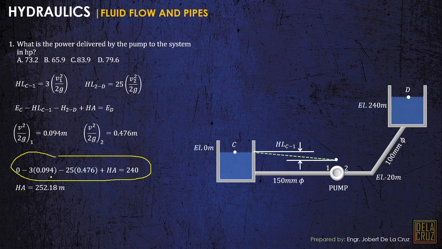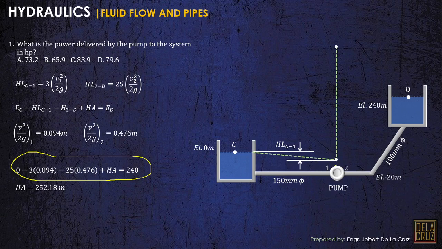From 0, bababa tayo ng head loss C to 1. O kaya ganito. Head loss C to 1 is 3 times 0.094. Now, from here, iaangat yan ng pump yung energy grade line dyan. Iaangat meaning we have an abrupt change of energy grade line dyan. Aangat tayo by head added. Yung head added is 252.18. Yan, abrupt change.